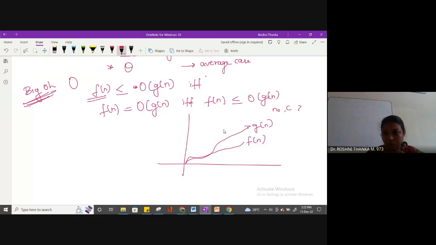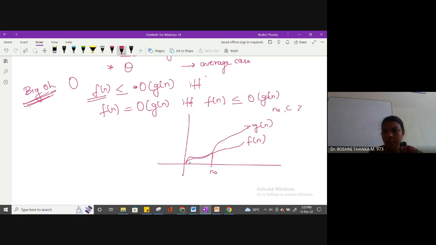It will not cross this g of n. Such a function only we are finding in big O. That is worst case complexity measured by big O of n. From some particular point onward, it is always going up. That point is called n naught.